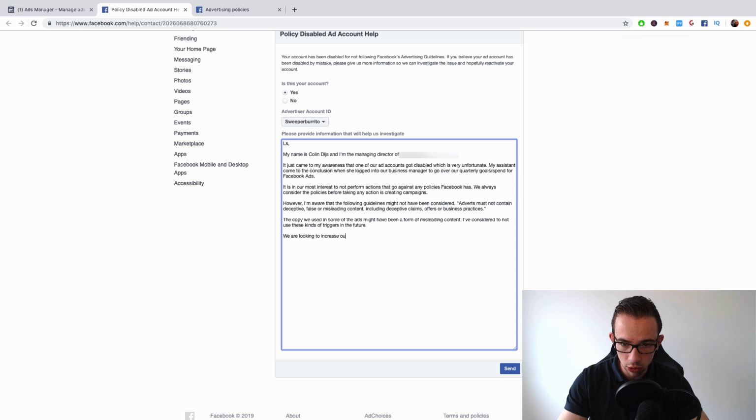We are looking to increase our spend in Q2, which we are at now, of 2019, and would therefore highly appreciate if we could get our access to this specific ad account back.